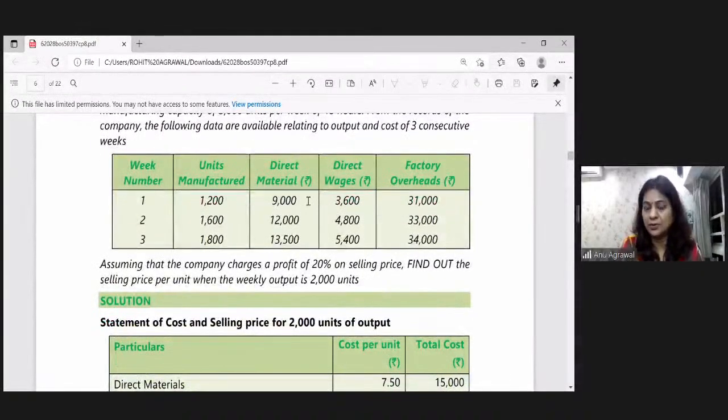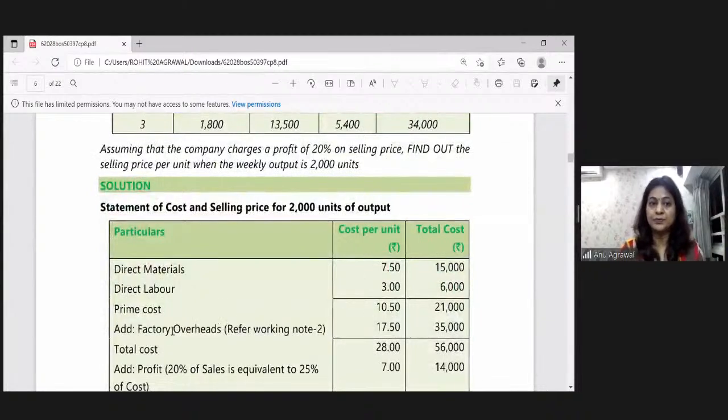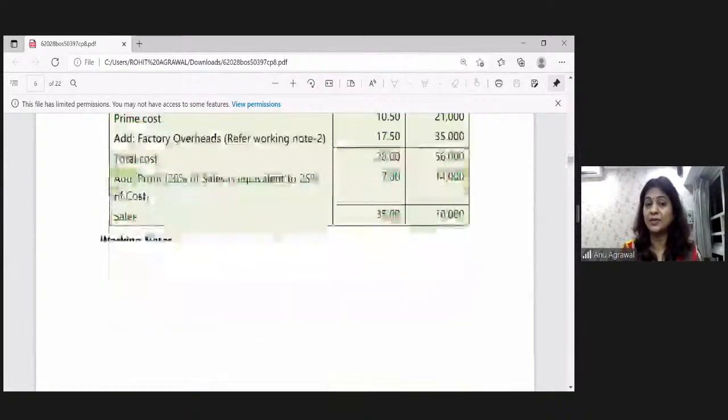So I could make out that material is variable, wages is variable, but overheads wasn't only variable. So I bifurcated what is fixed and what is variable. Once I did that, for factory overheads, I said, even if I produce 2,000 units, the fixed overheads for that week will still remain 25,000 rupees.